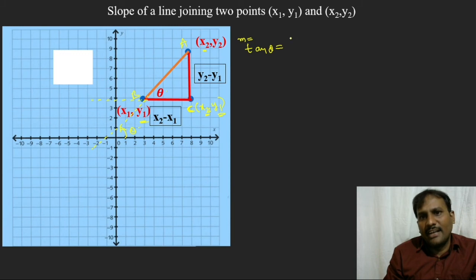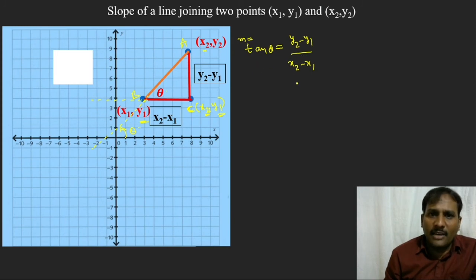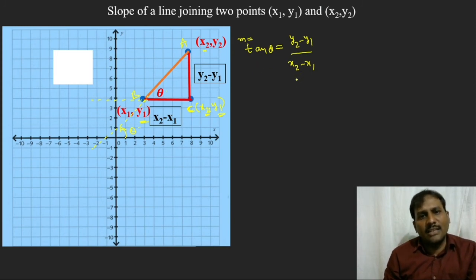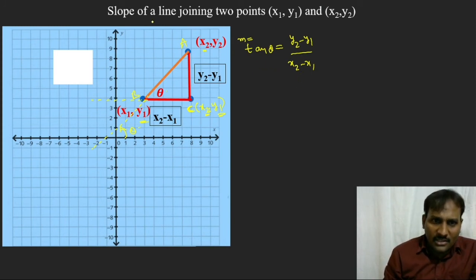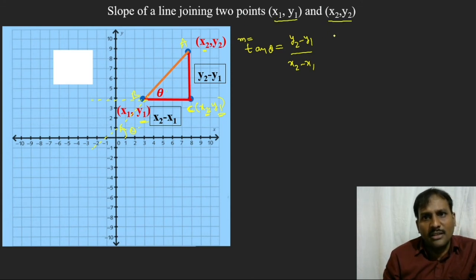So, can I call it y2 minus y1 by x2 minus x1? Yes. So, the slope of the line joining the points x1, y1 and x2, y2 is y2 minus y1 by x2 minus x1. The difference of y coordinates by the difference of x coordinates will give you the slope of the given line.